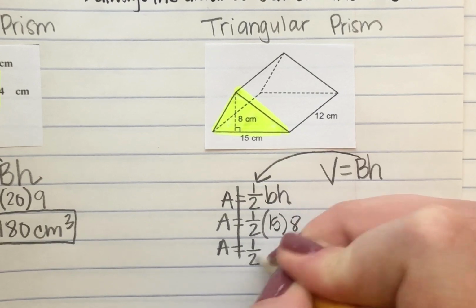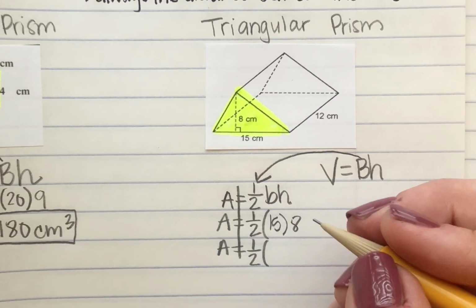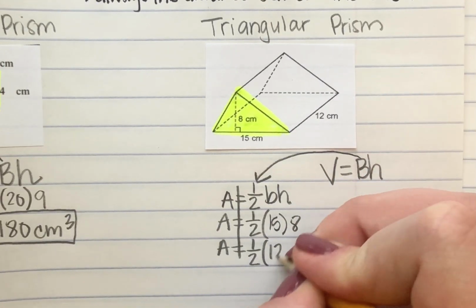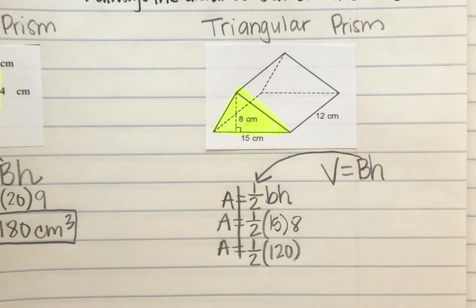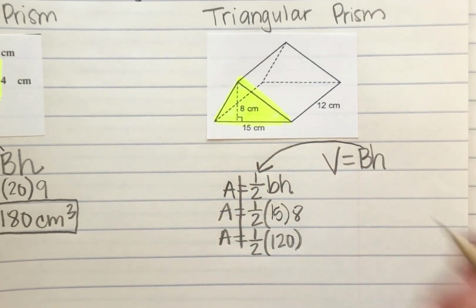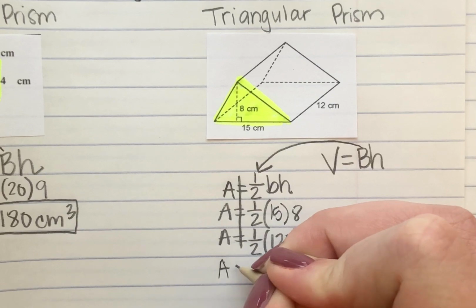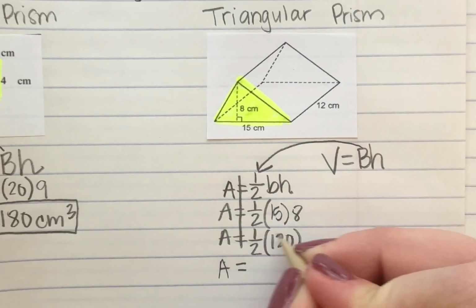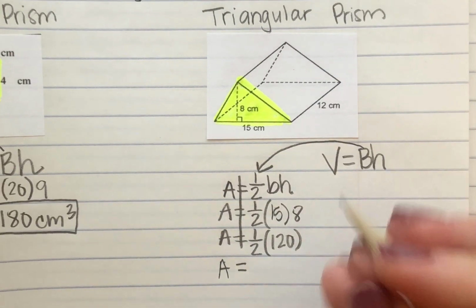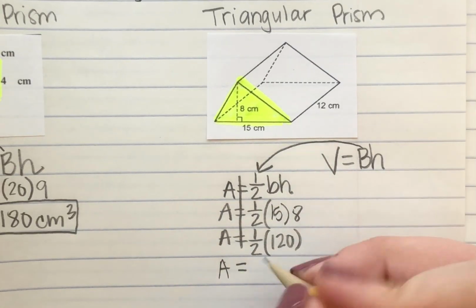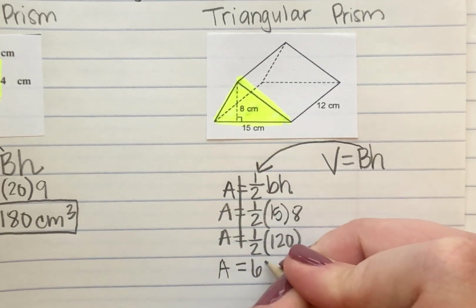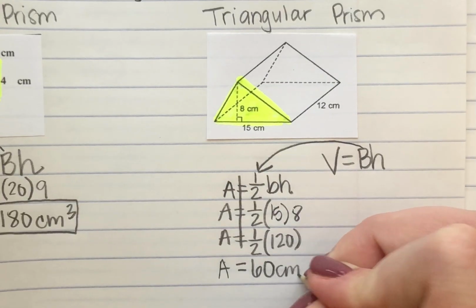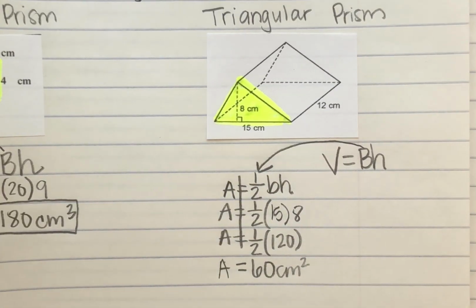We have 1/2, and 15 times 8 is going to give us 120. Now when we're finding half of 120, from our area videos, we already know we can either divide that by 2 or multiply it by 0.5. This one we can probably see in our head. Half of 120 is going to be 60 centimeters squared. Again, we're squaring that because it's area.